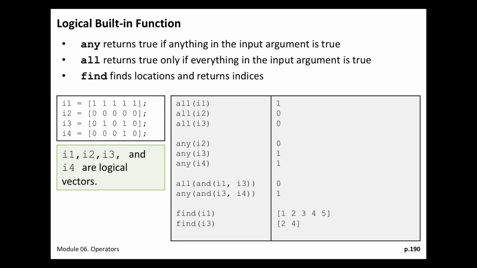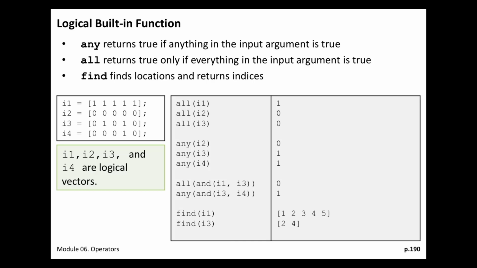Make sense? Here start the logical built-in function that is very useful and actively used to solve the problem in the rest of the course. These are the built-in functions that accept a logical array as an input. The operation is very simple.